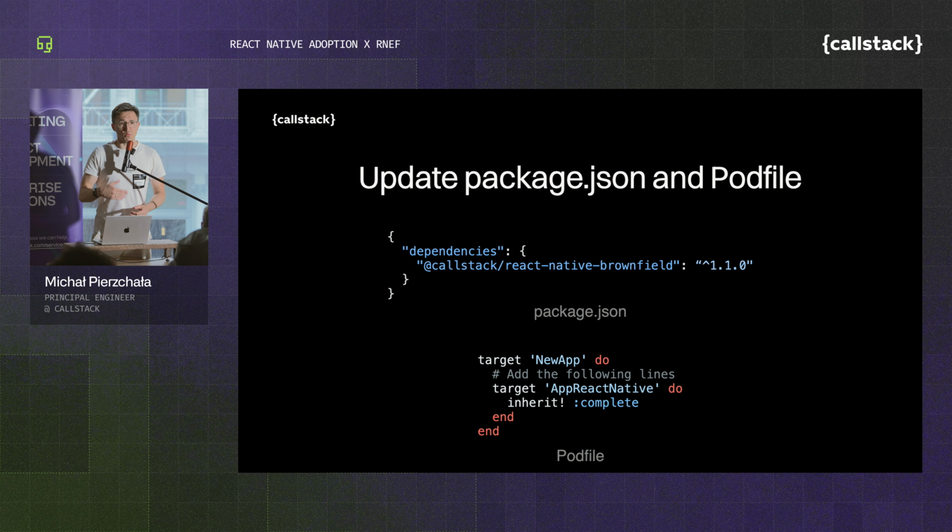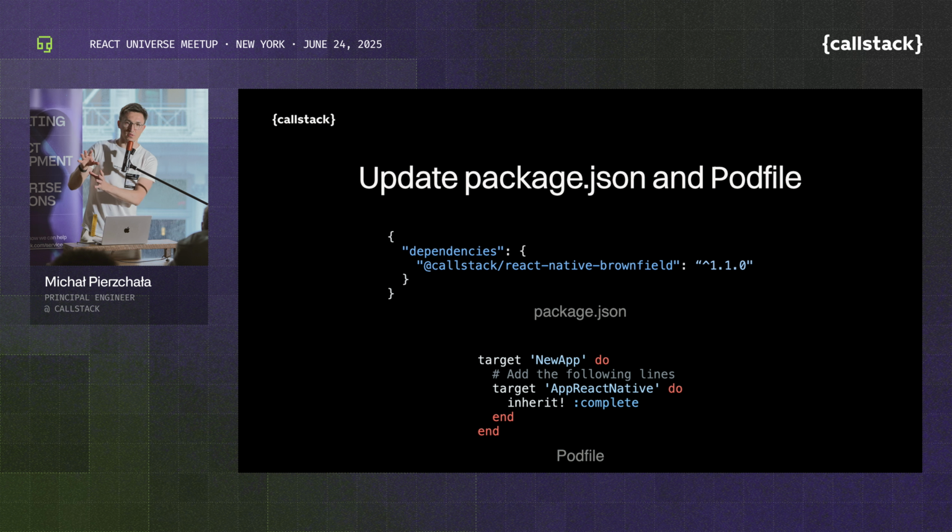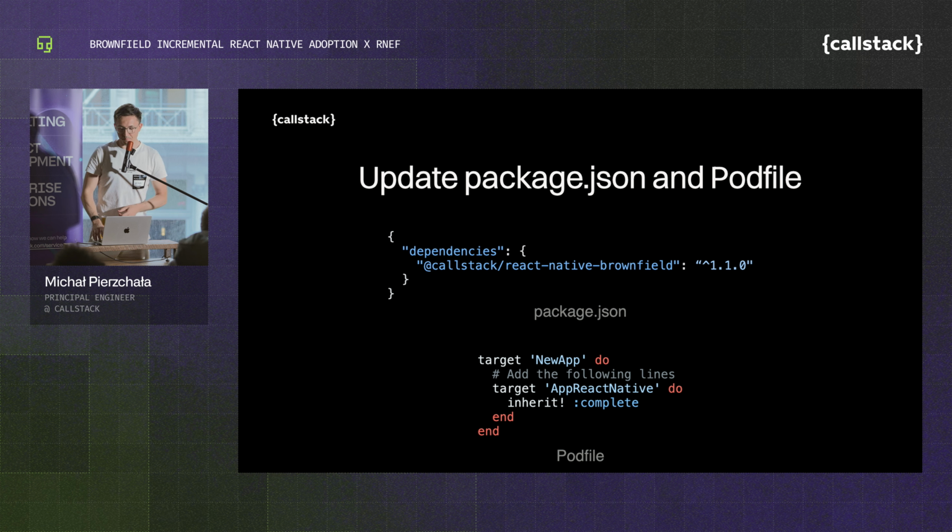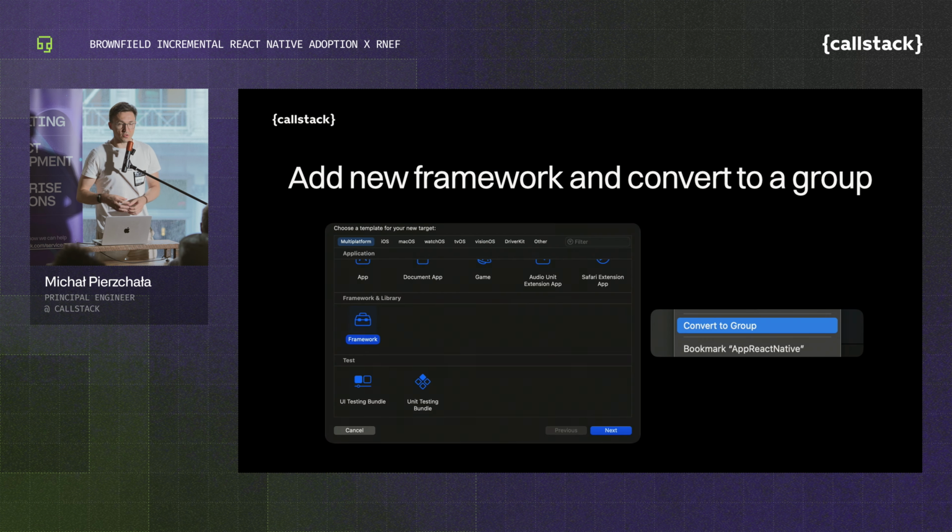Once you have that, we'll add Callstack's React Native Brownfield library and configure CocoaPods. Again, we're in the React Native app, so there are CocoaPods there, and it's fine. And we'll add a new target called App React Native that we will use for packaging our app so it's consumable by the main iOS application. So to do that in Xcode, we'll need to add a new framework and convert it to a group.